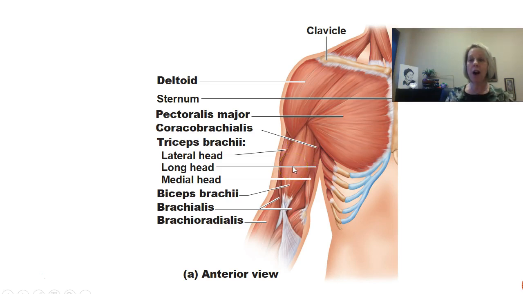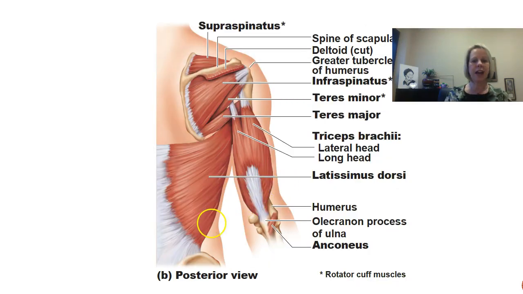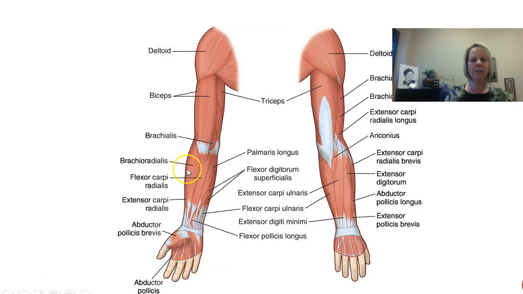So those work opposite each other. And here is that triceps brachii muscle on the back of the arm, and again the latissimus dorsi muscle. Here's other examples. There are also extensors and flexors for your wrist. The flexor muscles flex the wrist, the flexor carpi for wrist, and the extensors extend the wrist.